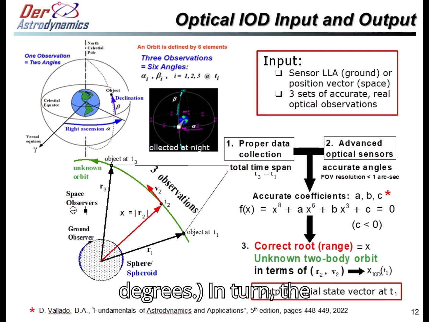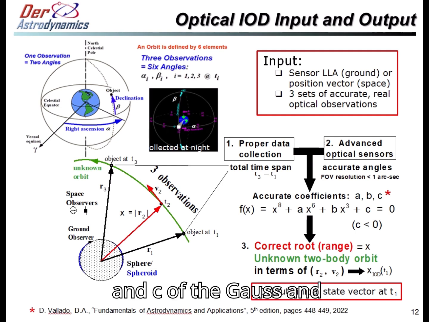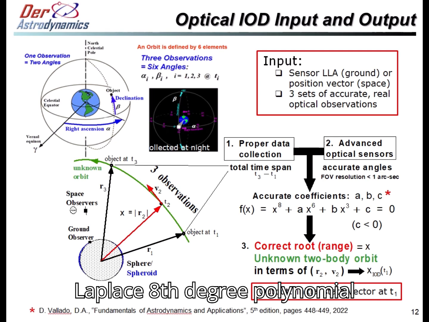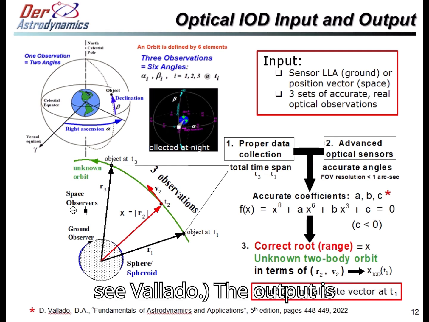In turn, the 3 accurate coefficients A, B, and C of the Gauss and Laplace 8th degree polynomial equation can be computed. See Vallado.